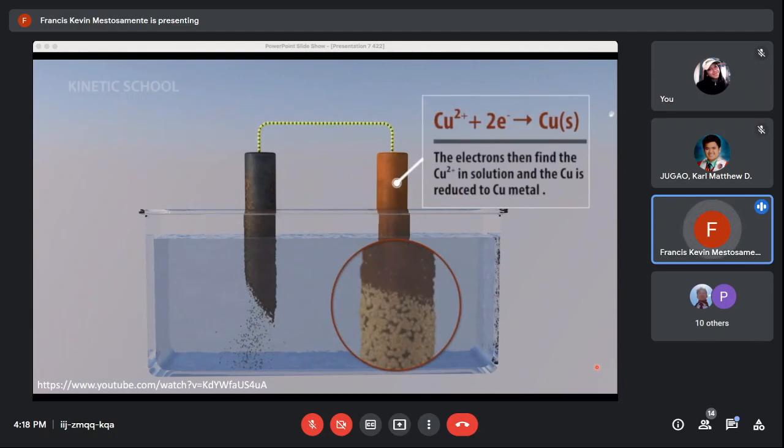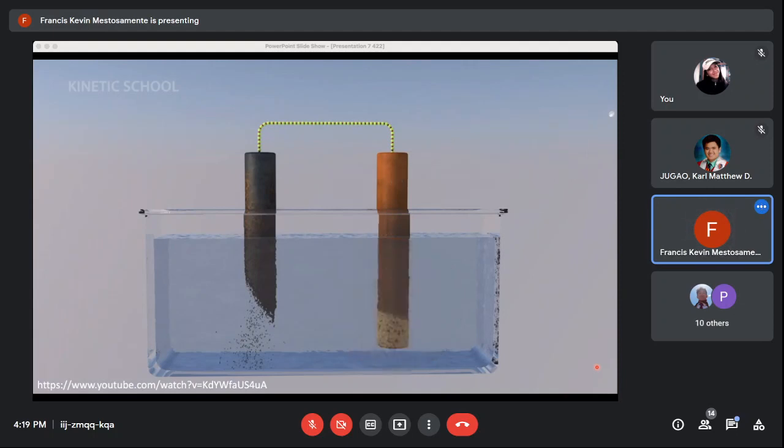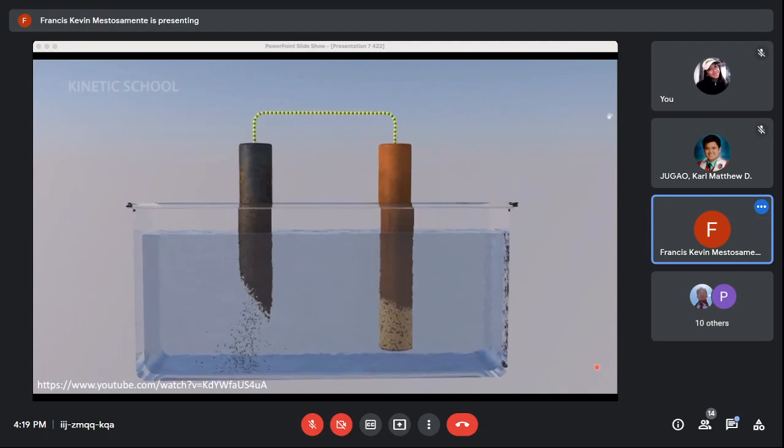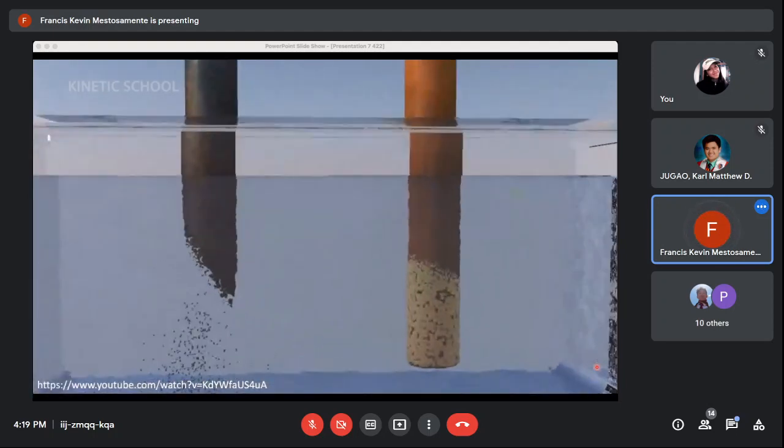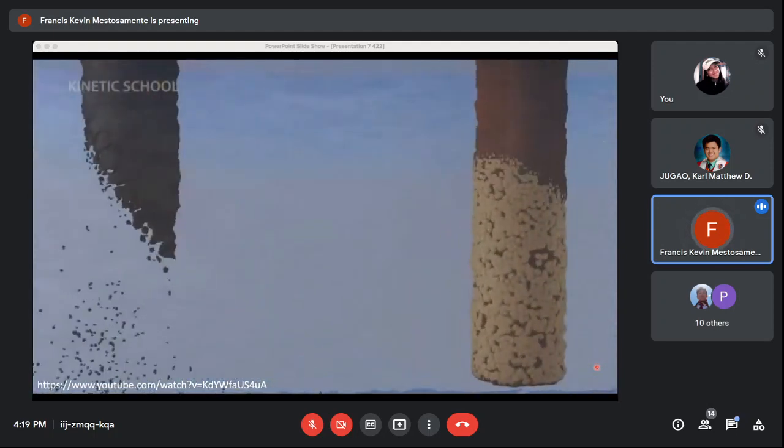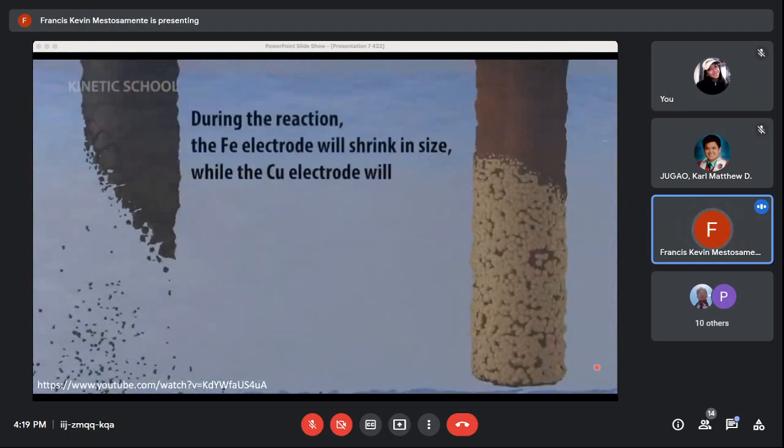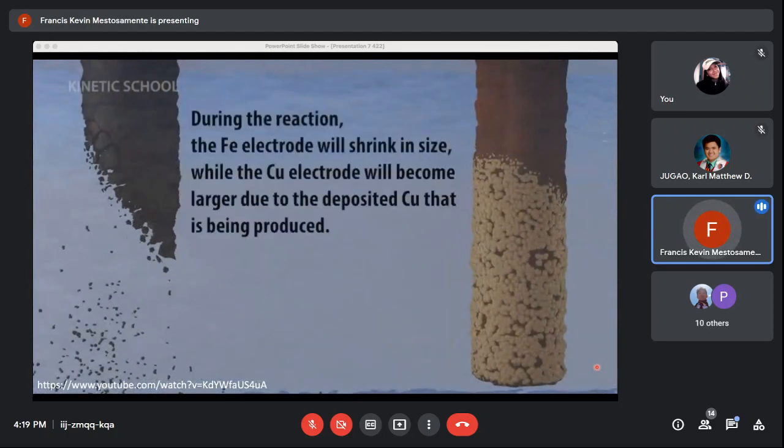The electrons then find the copper ion in solution and the copper is reduced to copper metal. During the reaction, the iron electrode will shrink in size, while the copper electrode will become larger due to the deposited copper that is being produced.